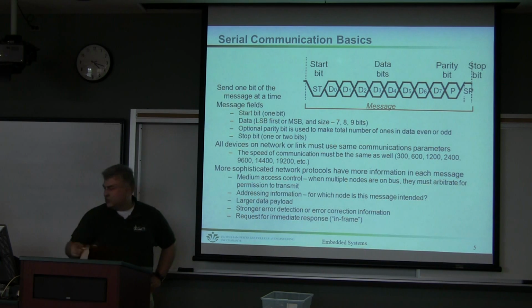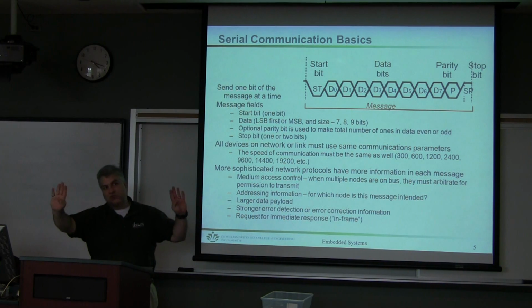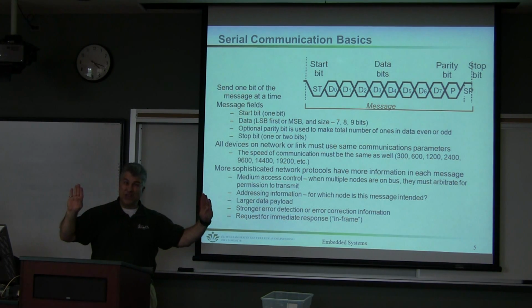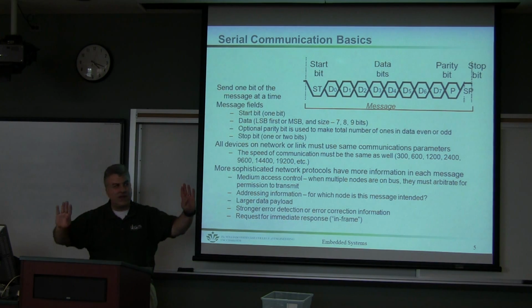Imagine two different computers running with two different clocks. This one says it's running at 4 megahertz. This one says it's running at 4 megahertz. Are they really running at 4 megahertz exactly? No, they're typically off by some amount. One is plus 1%, the other is minus 1%, right?